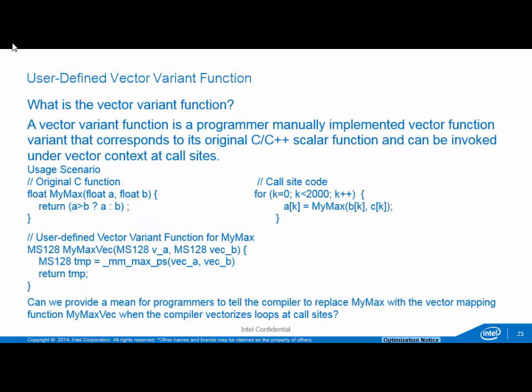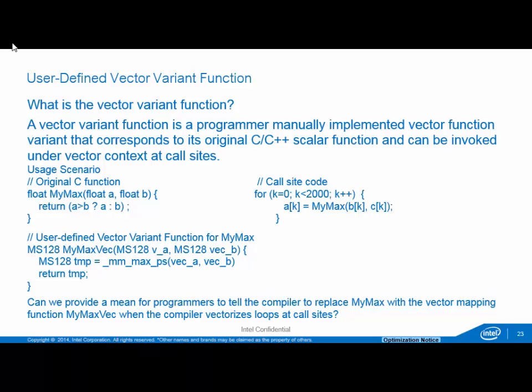All right, so let's go back to the user-defined vector variant function. In the OpenMP standard, we have the declare simd construct for the user to mark a scalar function as a SIMD function, and let the compiler generate a vector version for it, right?